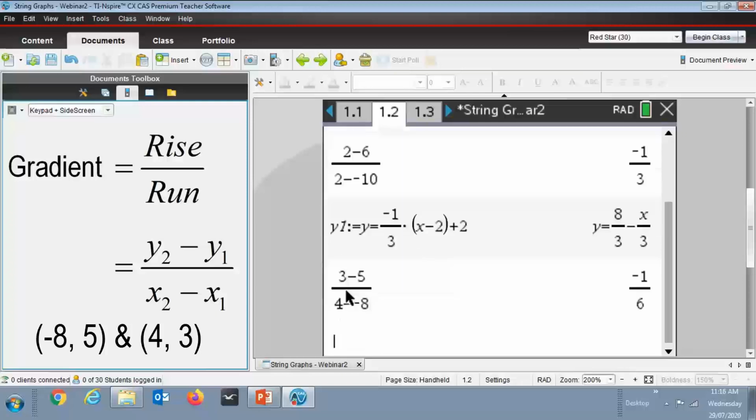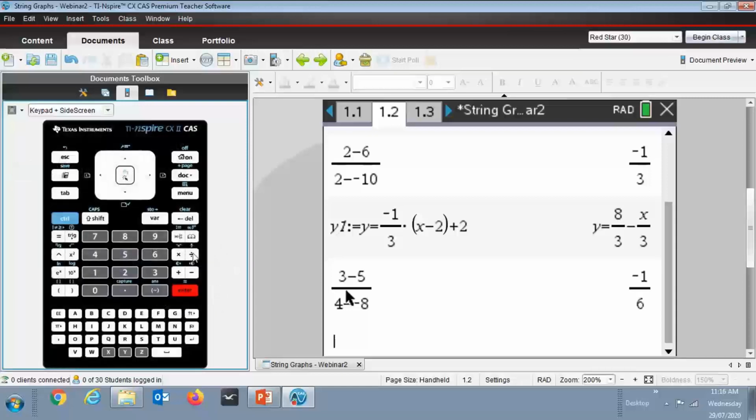Press enter, and there's our gradient of negative 1/6. That has the denominator that we're going to be using a little bit later on, just because it's common to both. The previous gradient, 1/3, can be changed into negative 2/6 when we want to. So we've got our gradient.